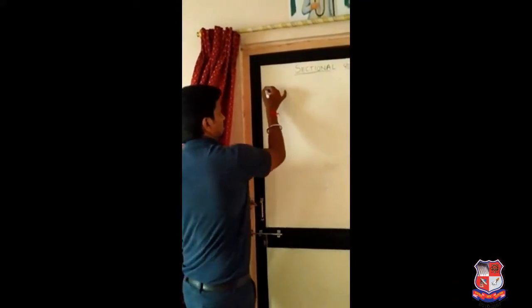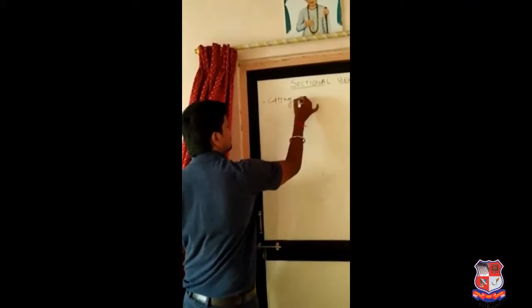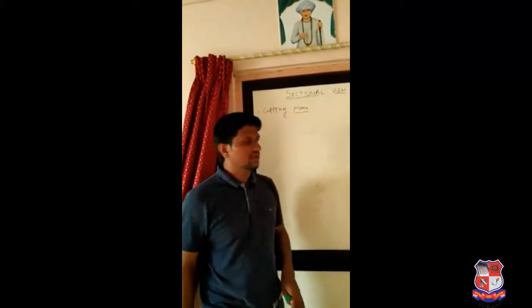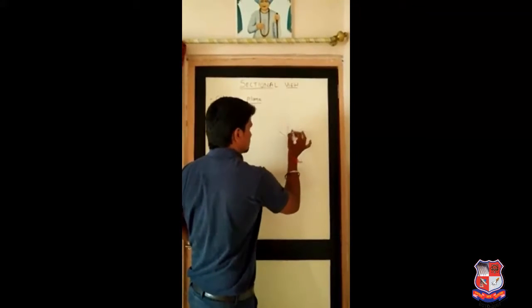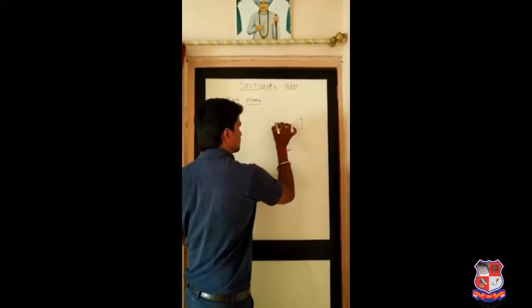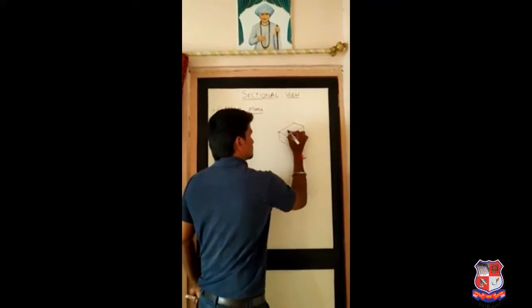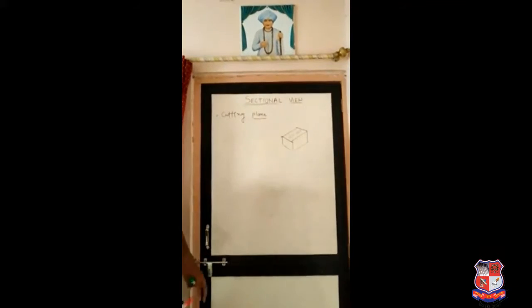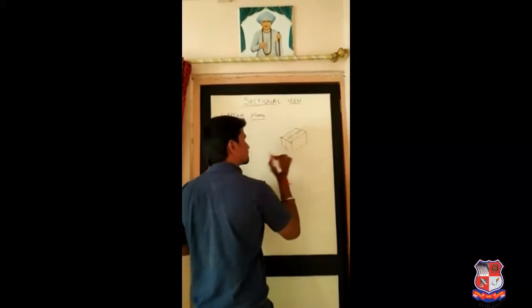The first term is cutting plane. We have seen that object; I am going to draw it again. This object is going to be cut by following this line.